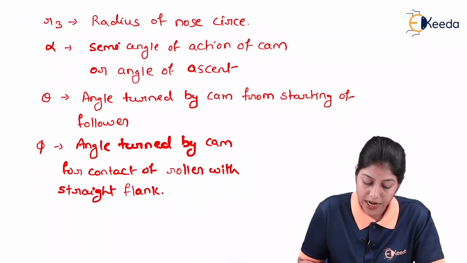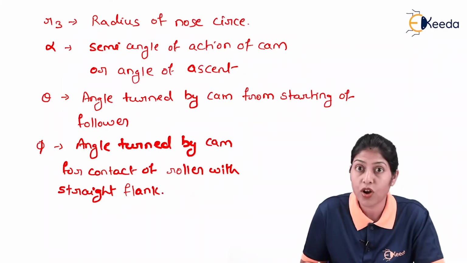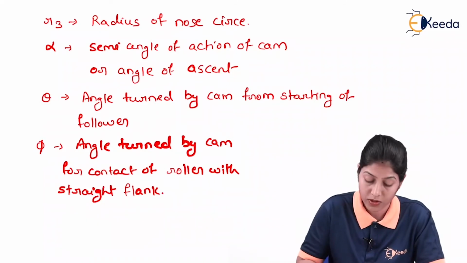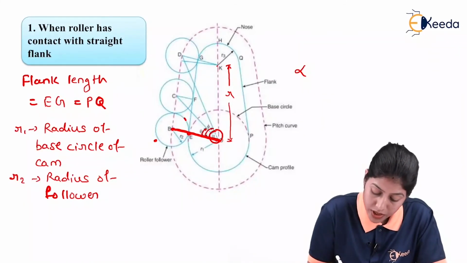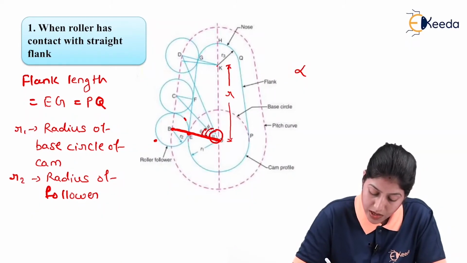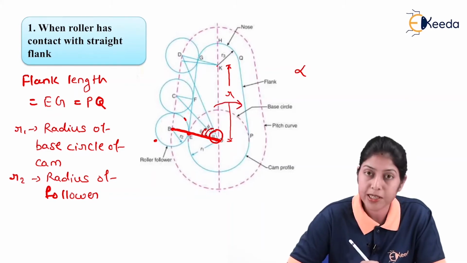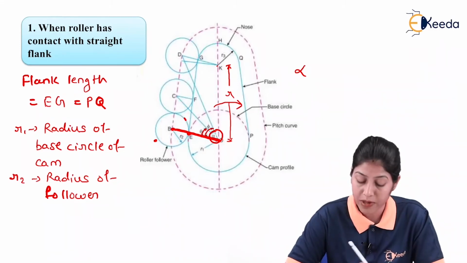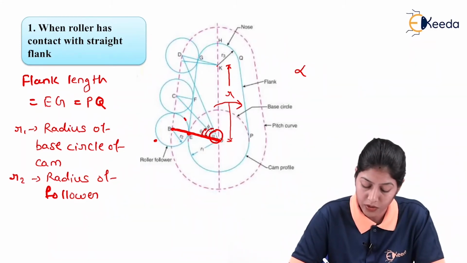Theta is defined as the angle turned by the cam from the beginning of the follower motion. So here this is the initial position. From this initial position, when the follower is going to start the reciprocating motion, the cam will have some angular displacement. So that angular displacement from the beginning of the follower motion is defined by theta.